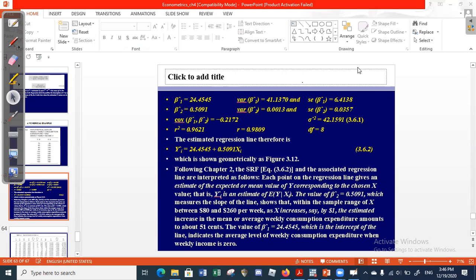R square would represent how much the included explanatory variable or variables are contributing towards the dependent variable Y. So one thing is quite clear. The larger the better, the smaller the worse, which means that the closer the value to 0, the worse the situation would be. The closer the value to 1, the better it would be. So how much better is better and how much worse is worse?